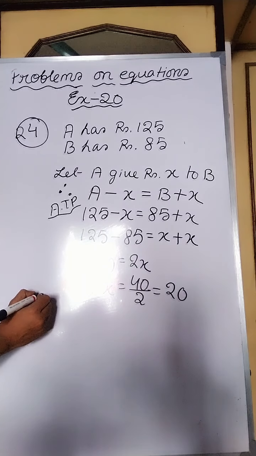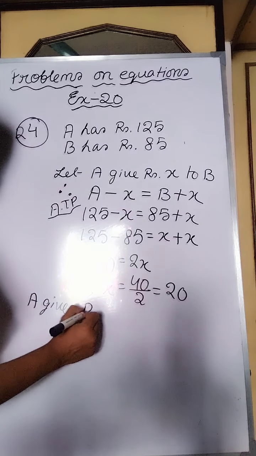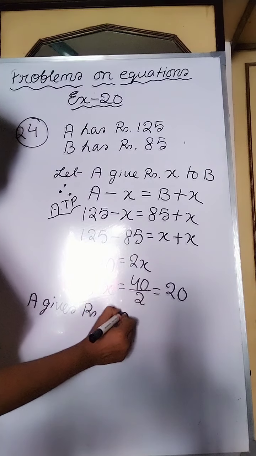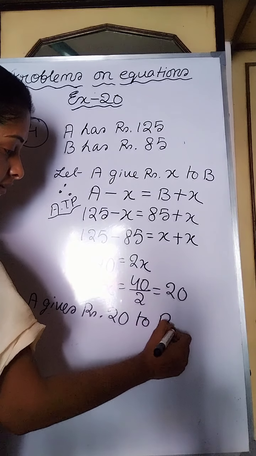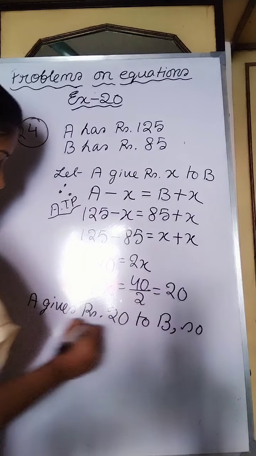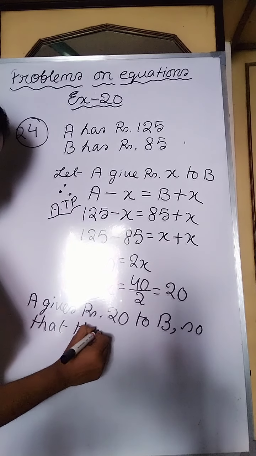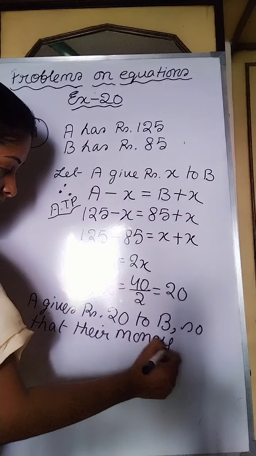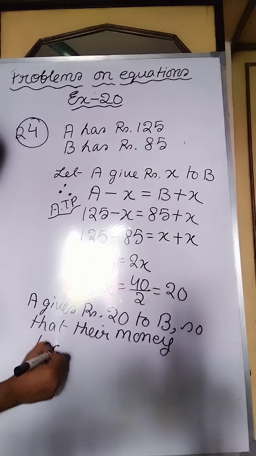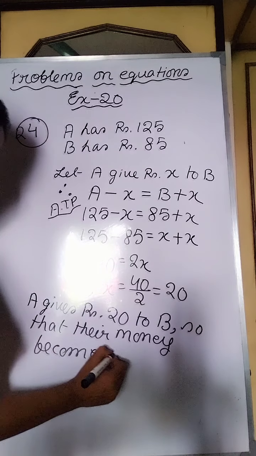Now what you have to do is write the answer: A gives rupees 20 to B so that their money becomes same or equal.